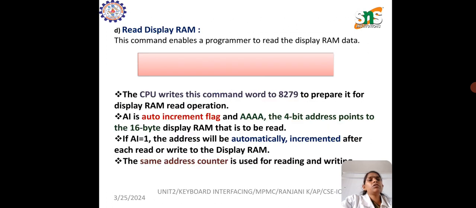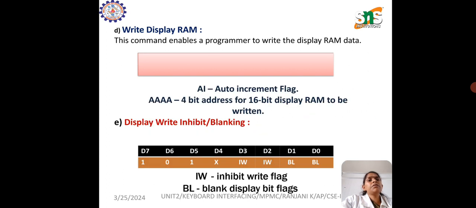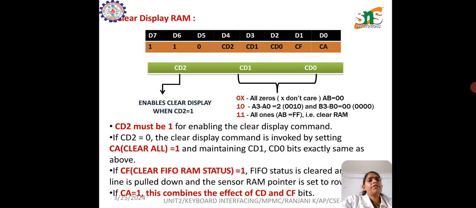Next is the read display mode. The CPU writes the command word to 8279 to prepare it for a display RAM read operation. If AI equals 1, the address will be automatically incremented after each read and write to the display RAM. The write display RAM command enables a programmer to write to the display RAM. AI is the auto-increment flag. In display write inhibit and blanking, IW represents the inhibit write flags, and BL represents the blank display bit flags.